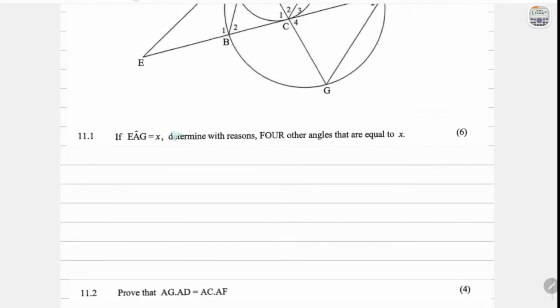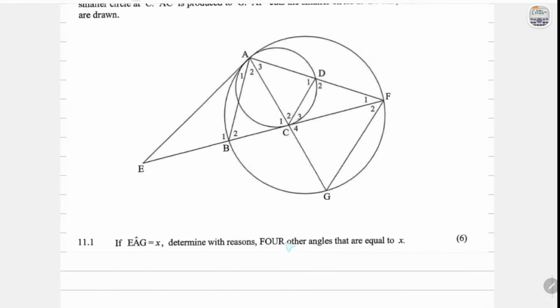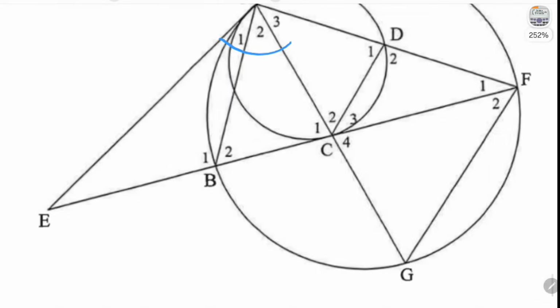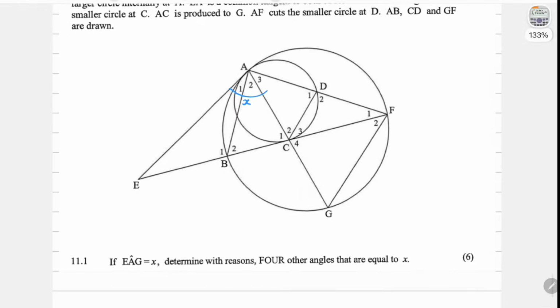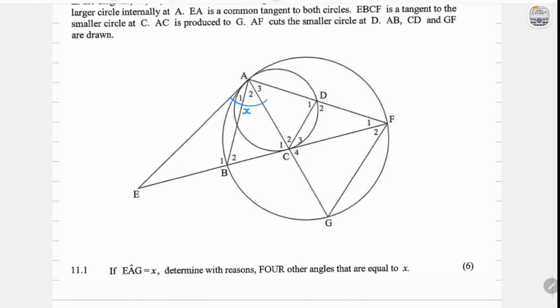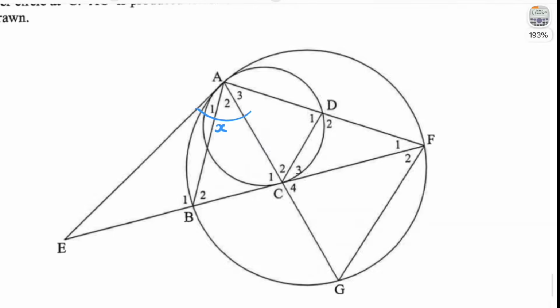So the first question is, if EAG, that angle, is equal to X, you need to determine with reasons 4 other angles equal to X. Find 4 other angles that will also be equal to X. So a good thing is this is being drawn where we have a tangent.